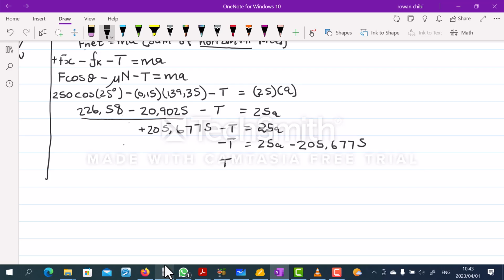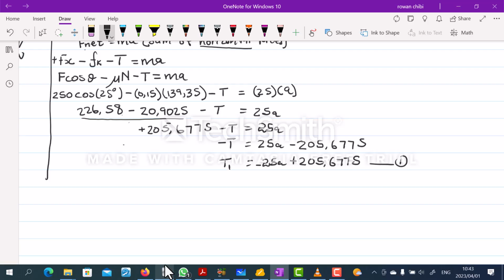Negative divided by negative is positive. Positive divided by negative is going to be negative. Negative divided by negative is going to be positive. So this is equation number 1. So this is the first T, so it's T1 or it's T25.